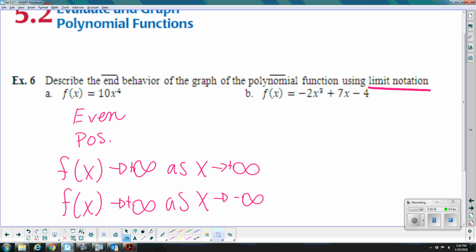All right, on the second one, notice your leading coefficient is negative and your degree is odd.